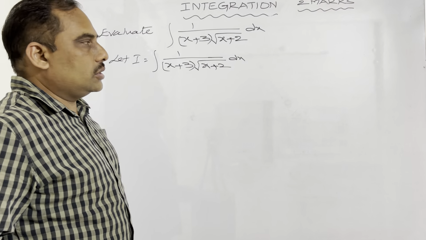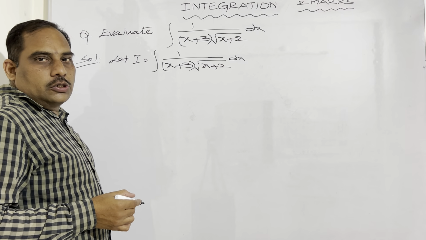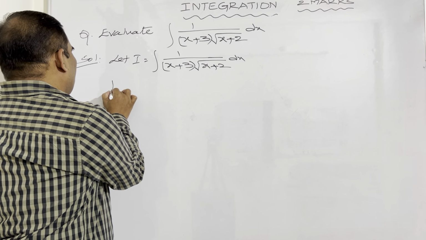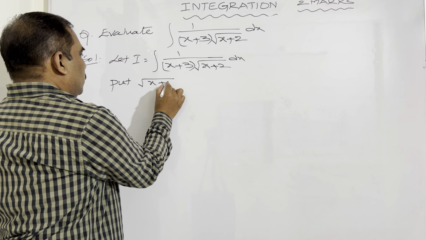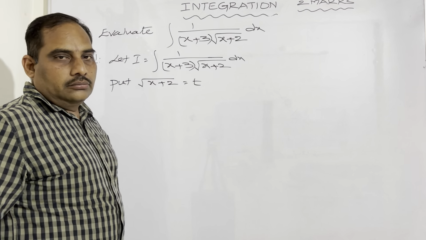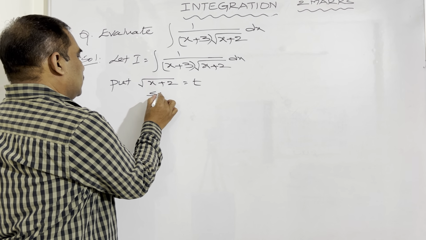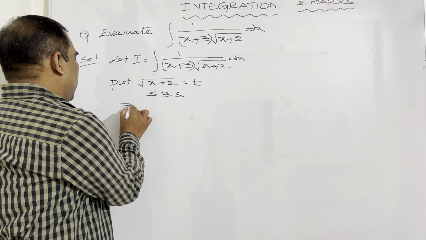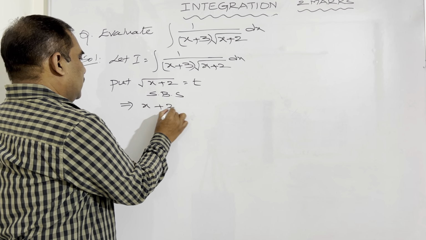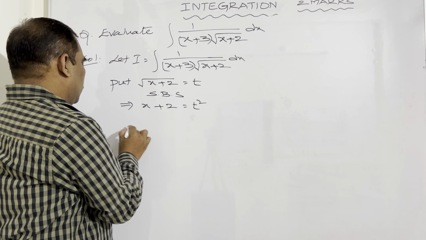This can also be solved by using the substitution method. Now I am taking, put √(x + 2) = t. Squaring on both sides, we get x + 2 = t².